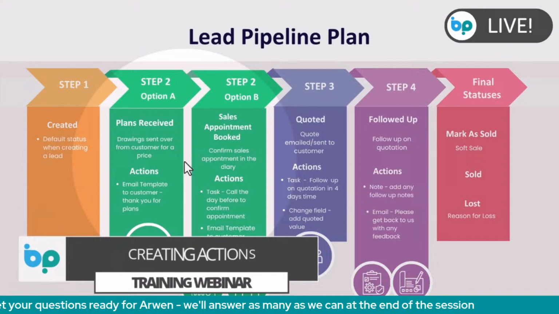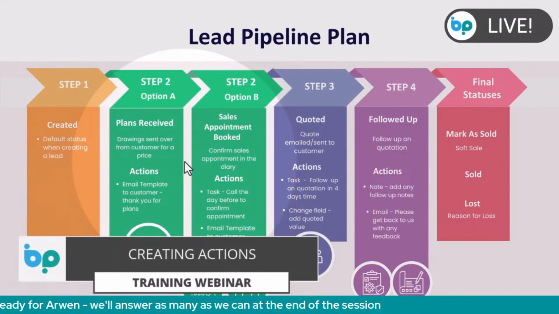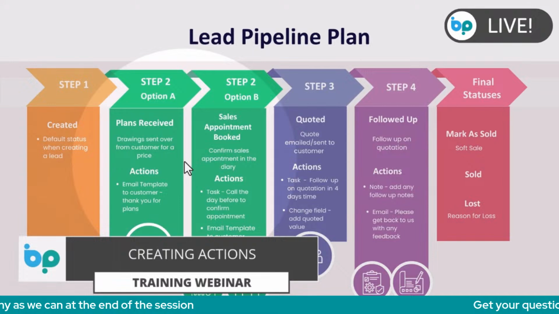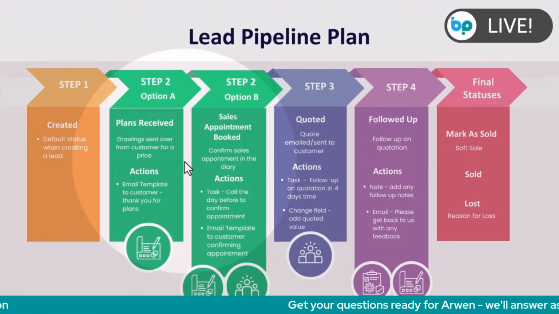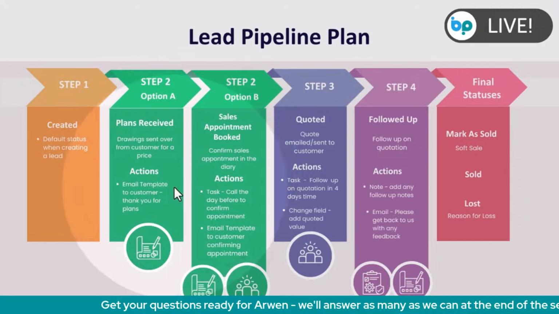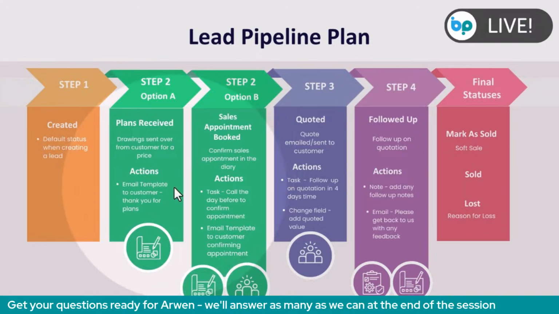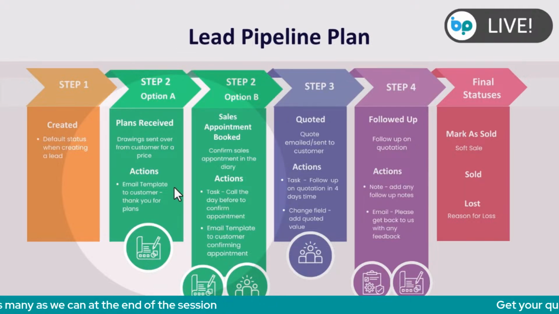So with our statuses and progressions all mapped out, it's time to think about our actions. Now, when you move on to update one of your statuses, you want to think about what you want to happen next. Just to explain what actions we have available from within the system, this could be tasks, so, for example, a reminder to follow up a quotation.